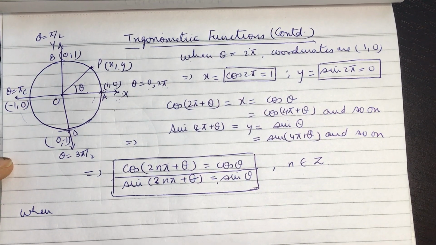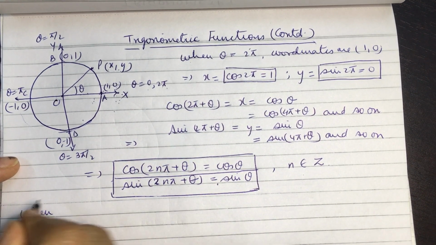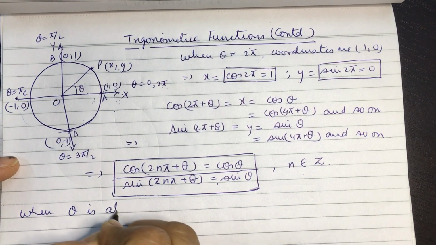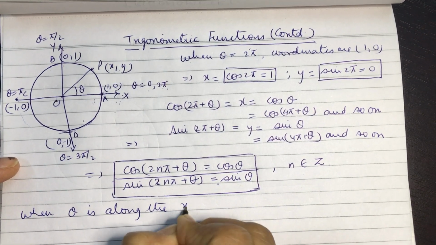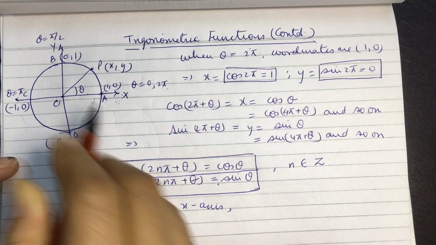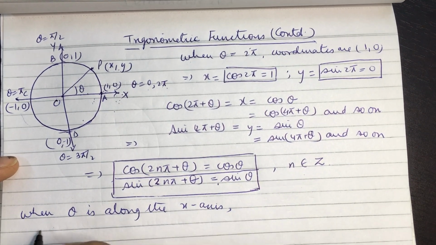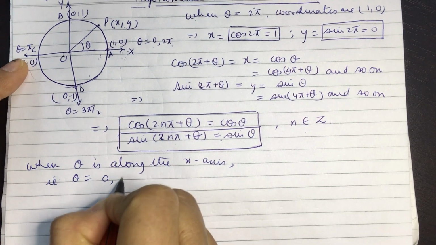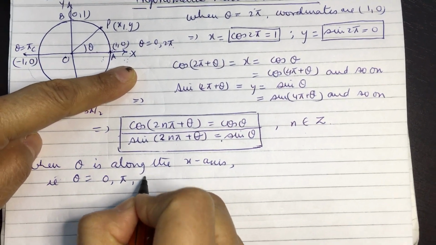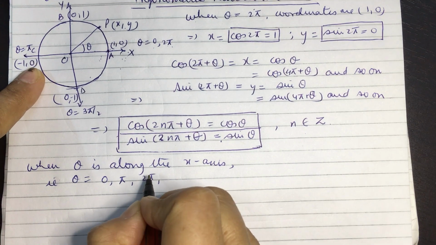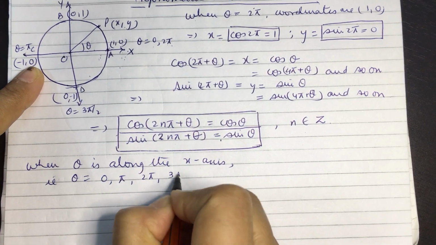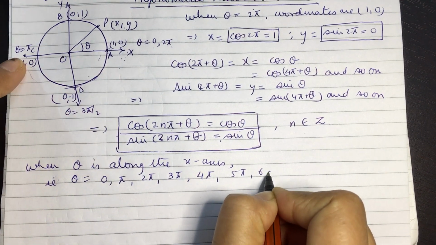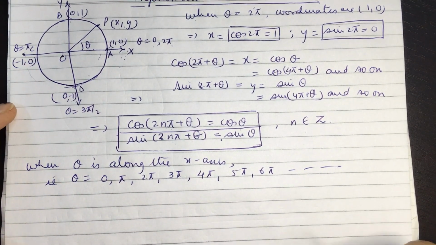Now again, when the point lies along the x-axis, theta is 0, then here it is pi, then here it is 2 pi, then 3 pi, then 4 pi, then 5 pi, then 6 pi and so on.